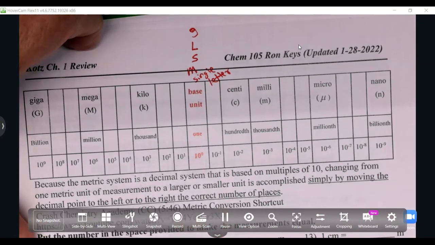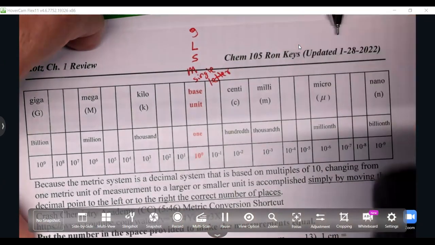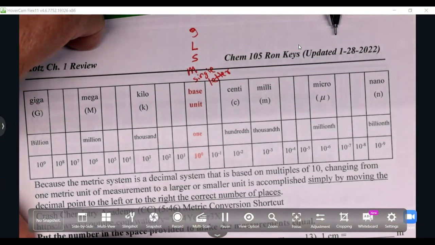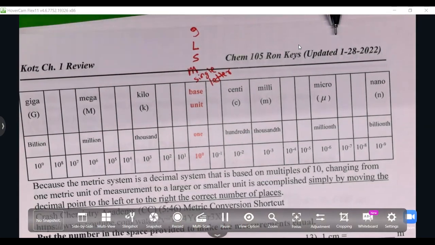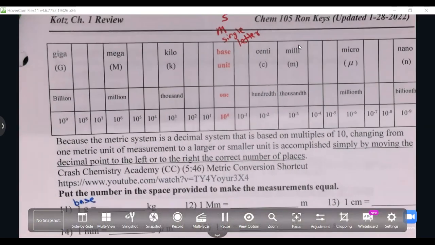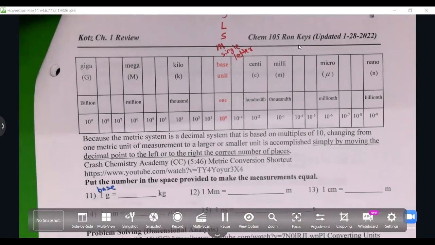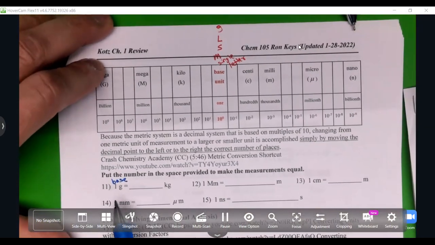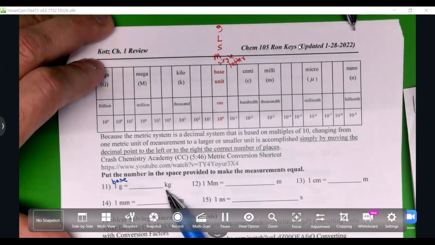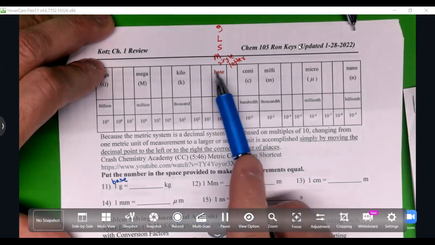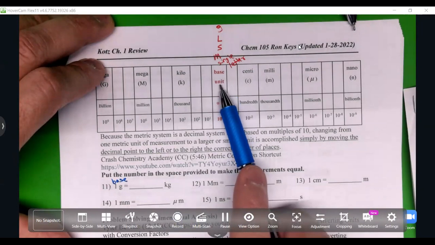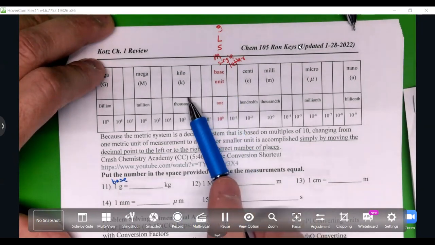For example, this is my base unit because it's a single letter, 1 gram. Let me zoom this out, sorry. 1 gram. If I'm going to kilo, my base to kilo, I need to go to the left, yes?